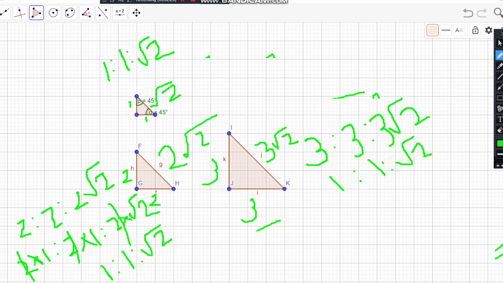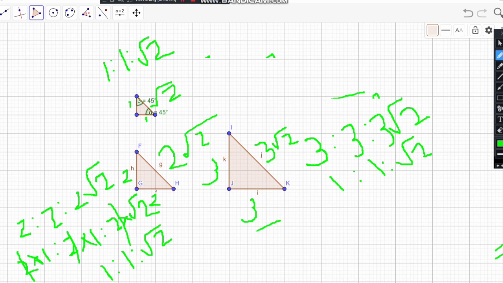So this is a new relation. That is, in a triangle with angles 45, 45, 90, the sides are in the ratio 1 is to 1 is to root 2. Whatever the sides, they are always in this ratio. This is applicable only for an isosceles right triangle.